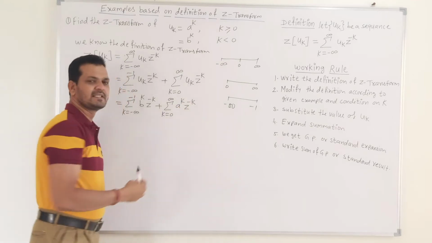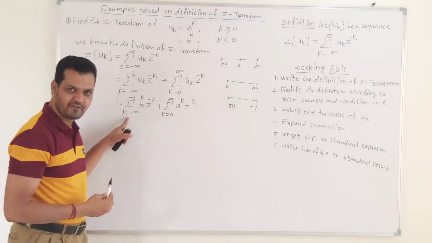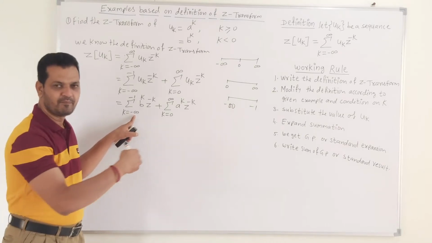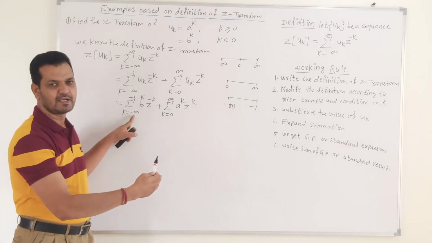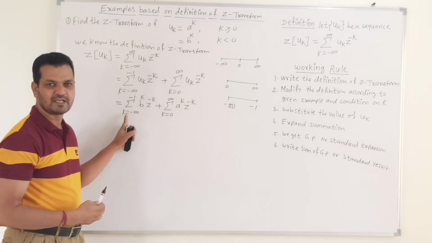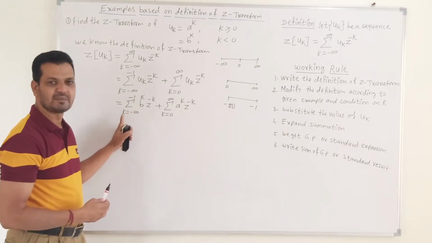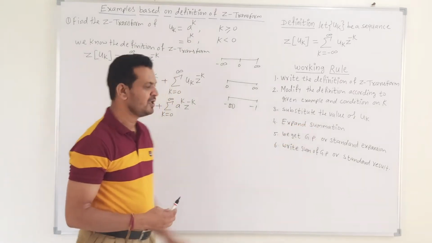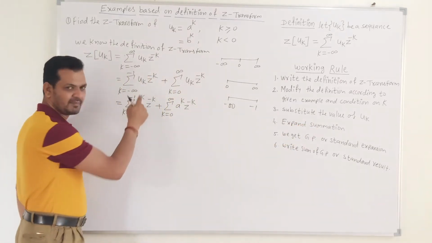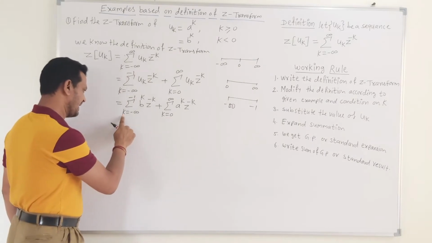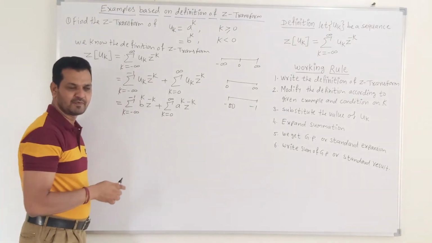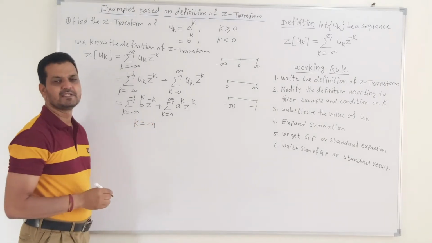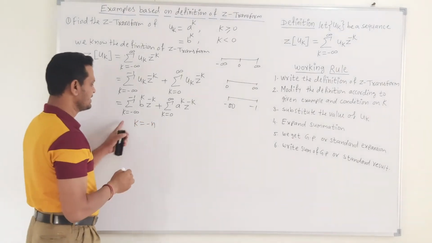But for the first summation, the value is minus infinity, then next to minus infinity and so on. Such substitution is somewhat difficult for expansion of this summation sign. So whenever the limits of k start from minus infinity to minus 1, the standard substitution is to put k equal to minus n.